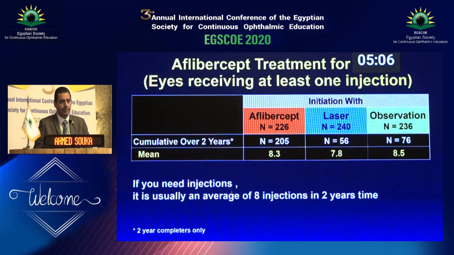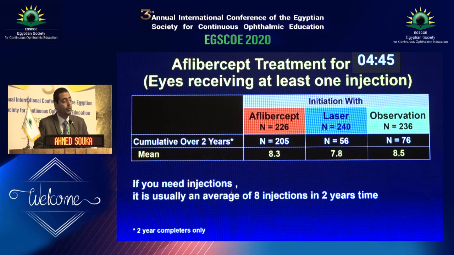Maybe if you give laser, for example, and you wait, and one patient still has a drop in visual acuity and worsening of the edema, and you start injecting, maybe you use fewer injections because of the previous laser at the beginning of this monitoring period.